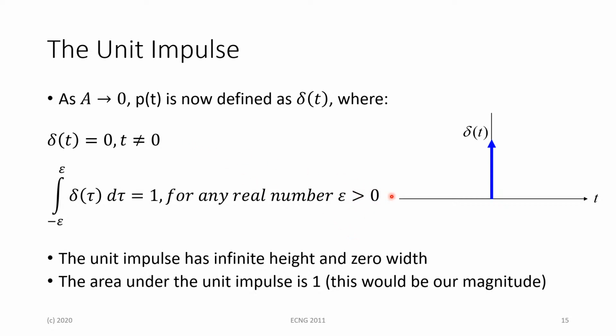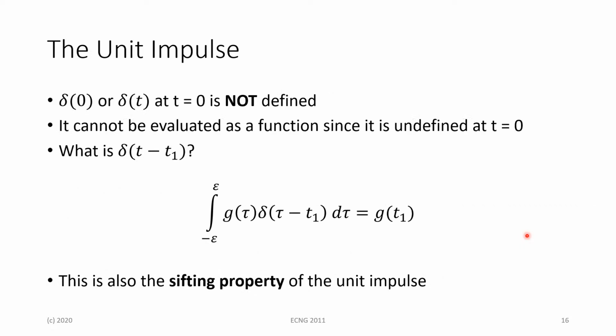So what these mathematical terms mean is that the unit impulse has infinite height and 0 width, and the area under the unit impulse is always 1. But for all purposes, throughout the course, the unit impulse here will have a magnitude of 1. Because mathematically at t equals 0 it's not defined, we cannot evaluate this as a function.